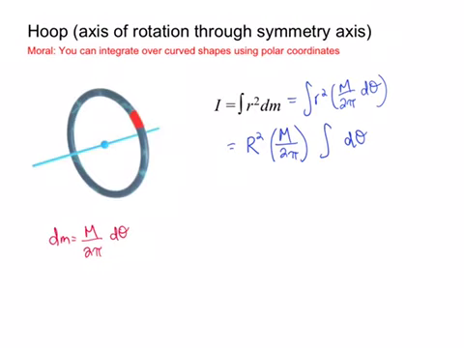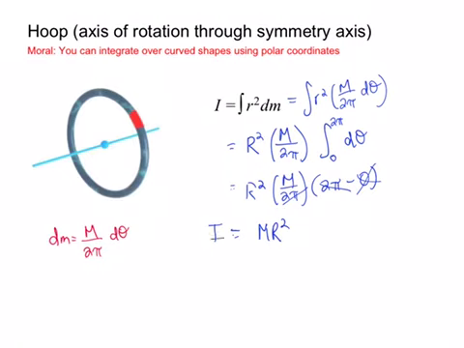Now our limits of integration are from 0 to 2 pi because we have to sweep throughout the whole circle. So our next line ends up being just 2 pi minus 0, and the 0 doesn't bring anything to the party. You'll notice that our 2 pi cancels. So now we're left with our moment of inertia being equal to M R squared. And that's the moment of inertia for a hoop where its axis of rotation is through its symmetry axis.